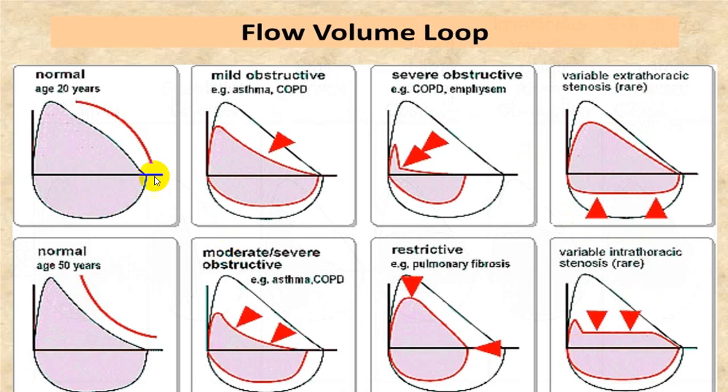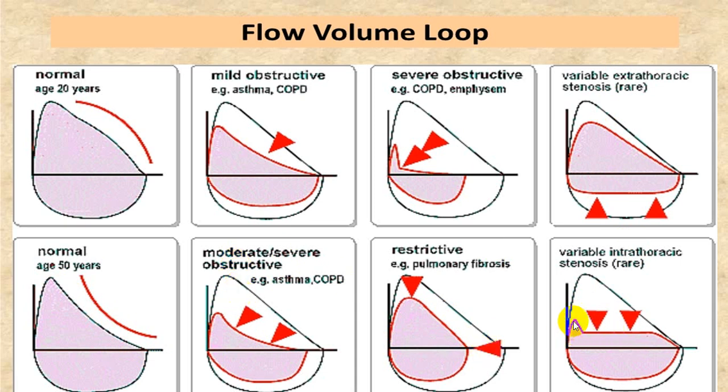So this is a mild obstructive, this is severe obstructive, this is normal, and you can see that this is reduced. So this is extrathoracic. Now this is normal, this is moderate obstruction. You can see it clearly. If this is less, this is restrictive, and when it is intrathoracic, this will be what we call severe obstructive.